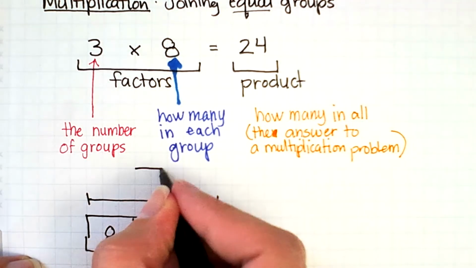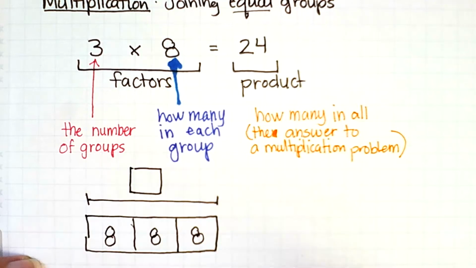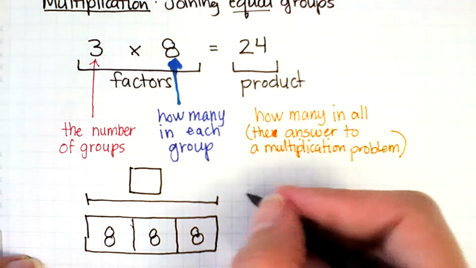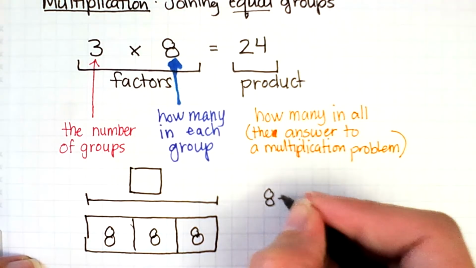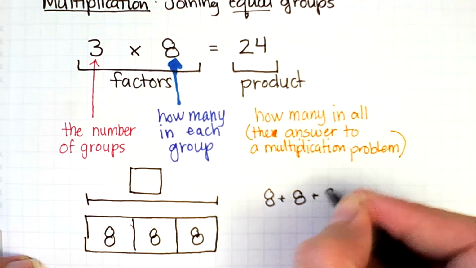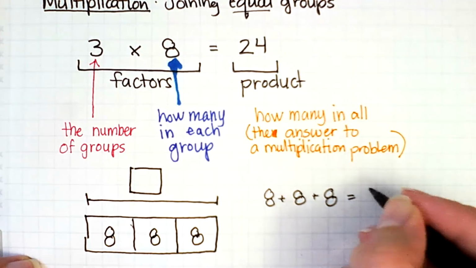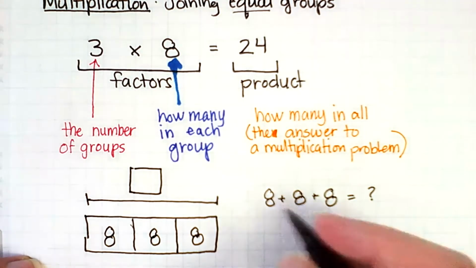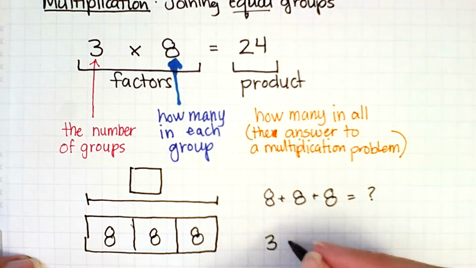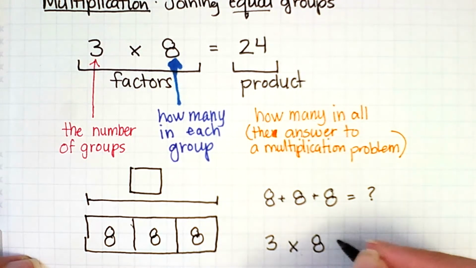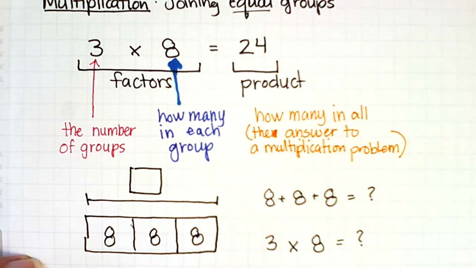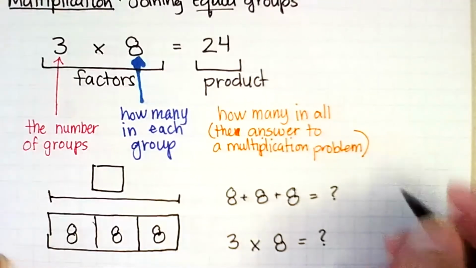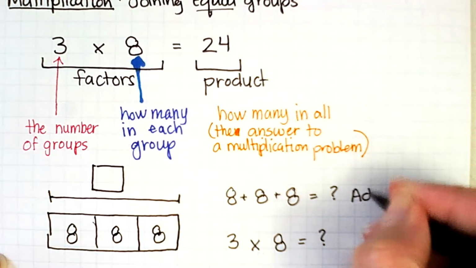And here is where we were going to put our answer. We were able to write this two different ways. We could either write it as 8 plus 8 plus 8. That's our addition equation. Or we could have written it as 3 times 8. And that's our multiplication equation. Over here, we're going to label these.